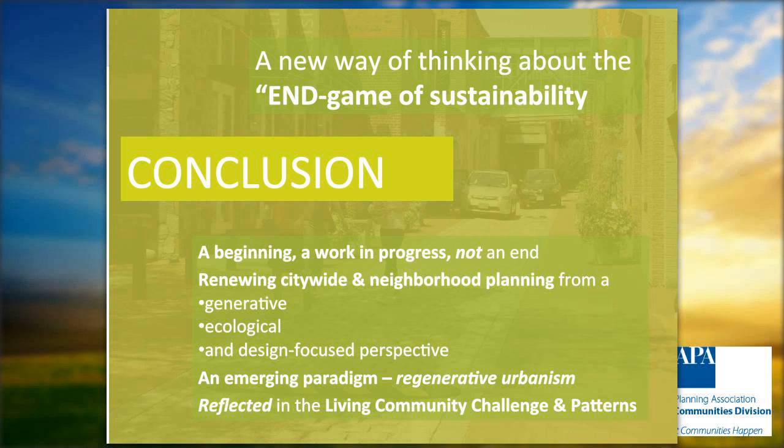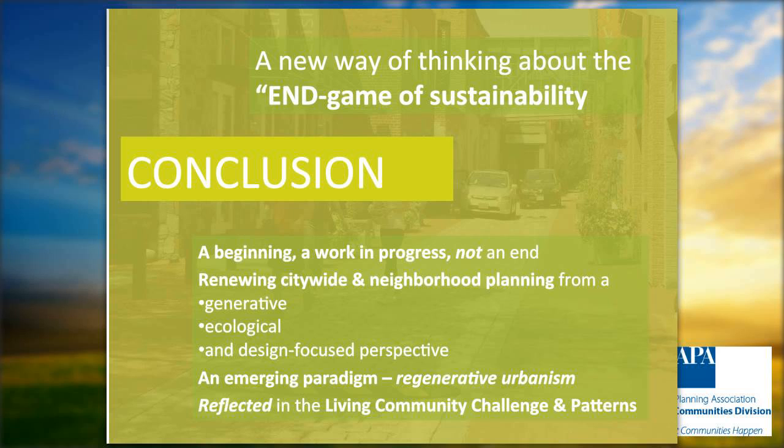It involves renewing citywide and neighborhood planning from a generative, ecological, and design-focused perspective. It really represents this new emerging paradigm of regenerative urbanism, and it's reflected in the Living Community Challenge and patterns themselves.